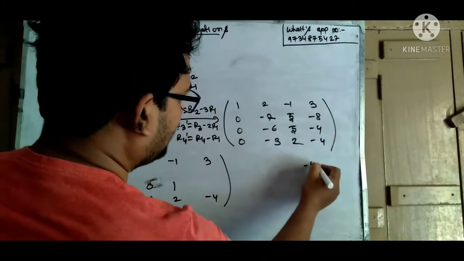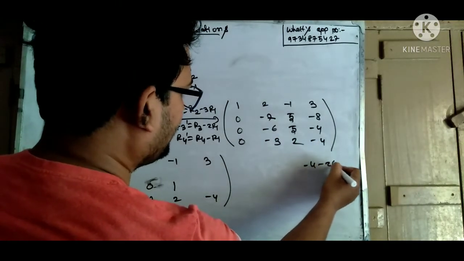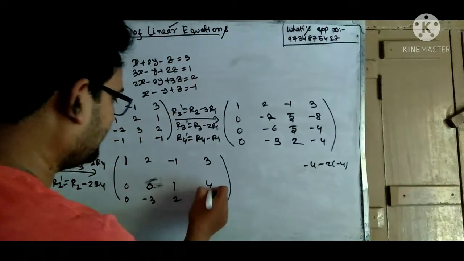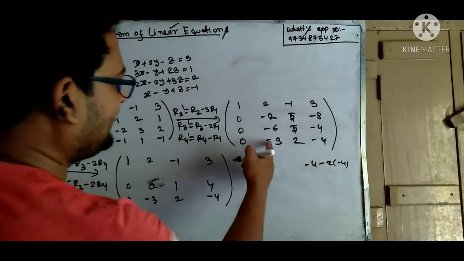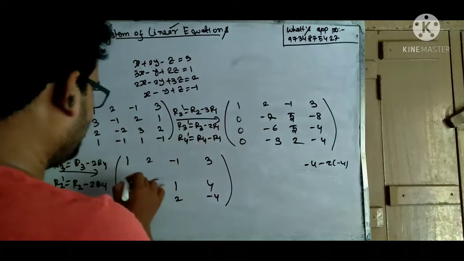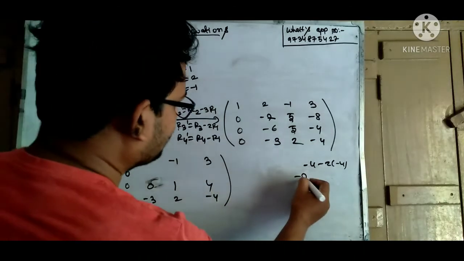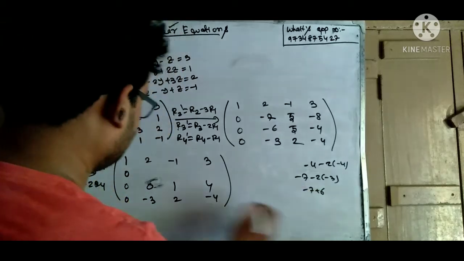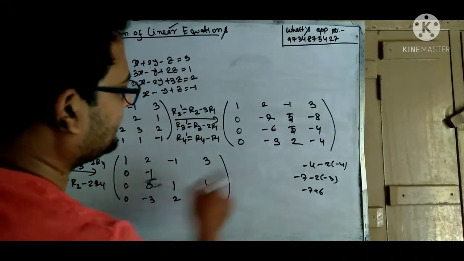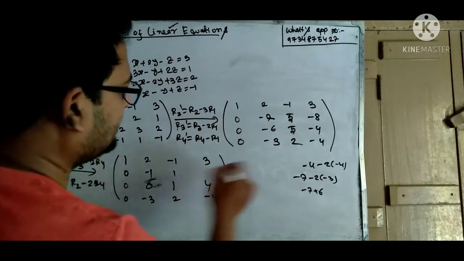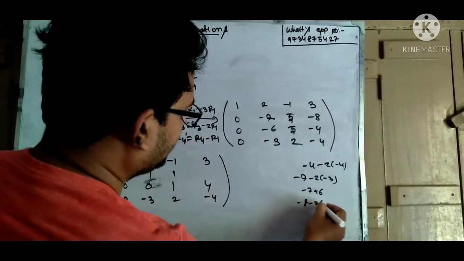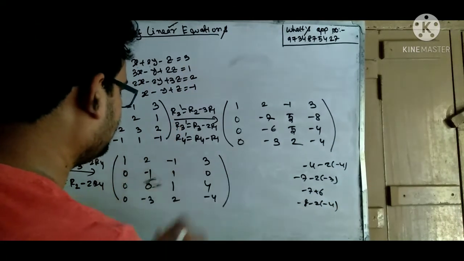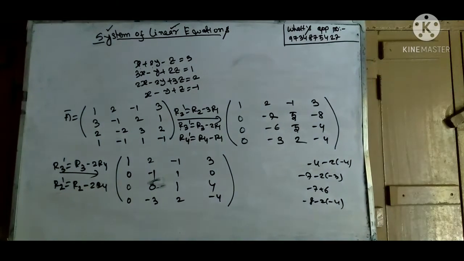Here minus 4 minus of 2 into minus 4, that means 4. Okay. Similarly, multiplying this and subtracting from this, we have 0, minus 7 minus of 2 into minus 3, that means minus 7 plus 6 means minus 1, minus 2 1, minus 8 minus of 2 of minus 4, that means this becomes 0. Okay.